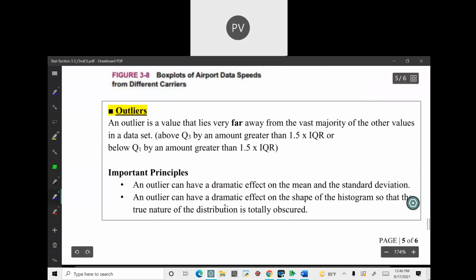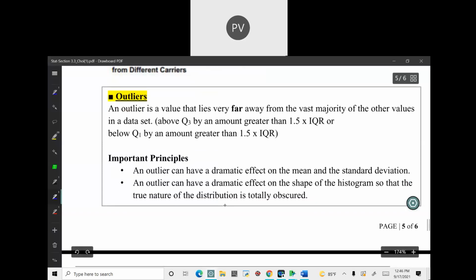Next is outliers. Now, as I said, a parallel box plot can find the outlier, but how can it do that? How can it find the outlier? Now we have a formula for that, which is 1.5 times IQR. What is this IQR?